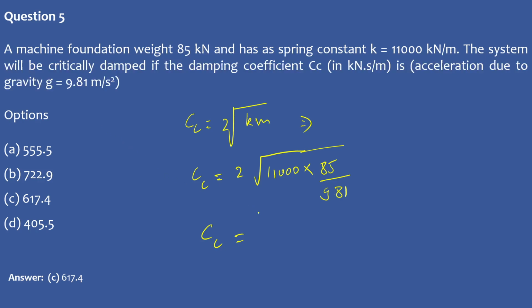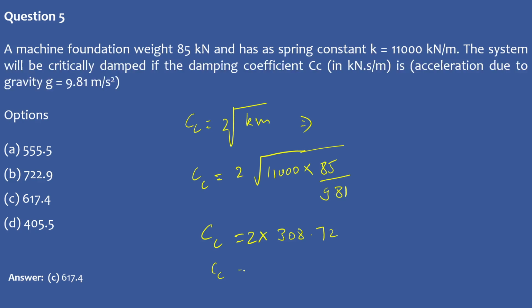So it's basically 2 into root over 11,000 into 85 divided by 9.81, which is 2 into 308.72.